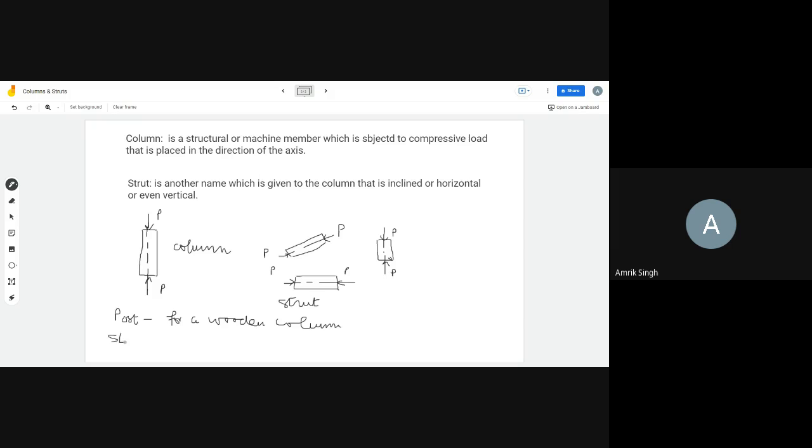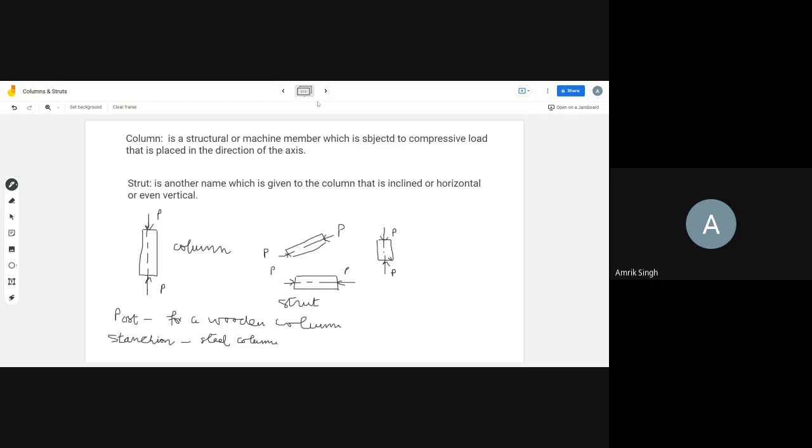We also use a word that is stanchion. Stanchion is a steel column.